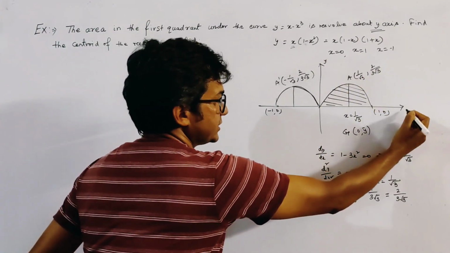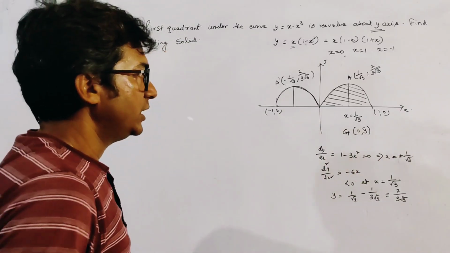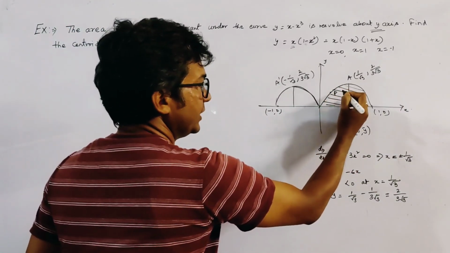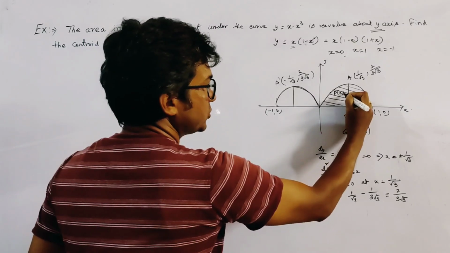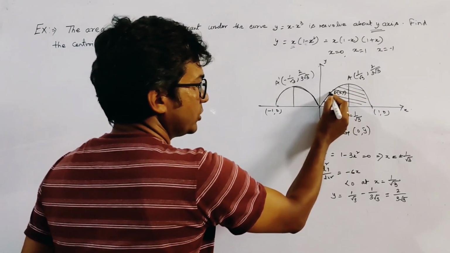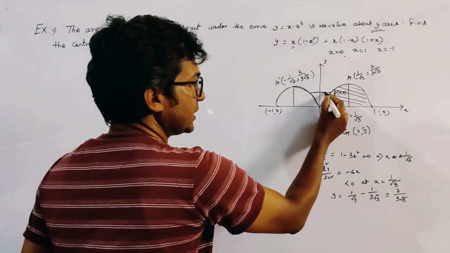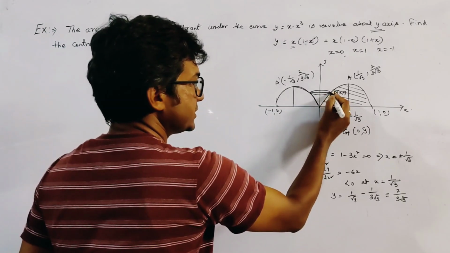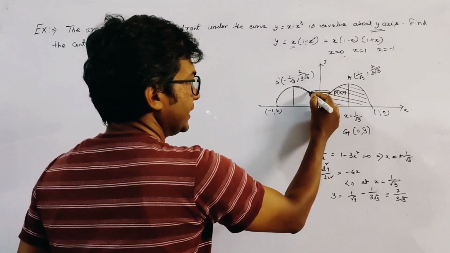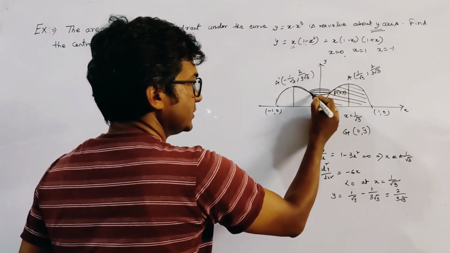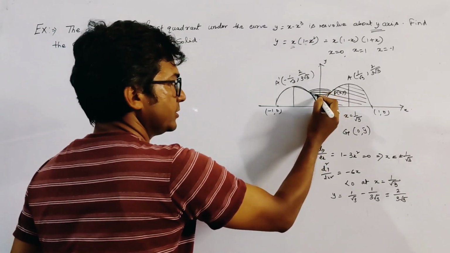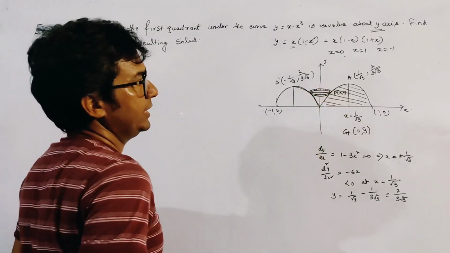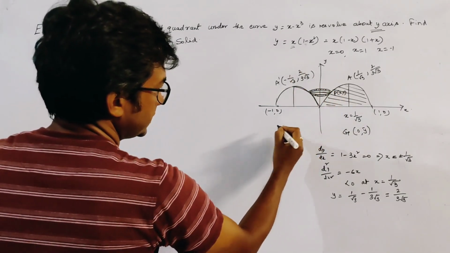Now if we take any point P with coordinates x, y, and consider a circular ring like this, it has a breadth dy.